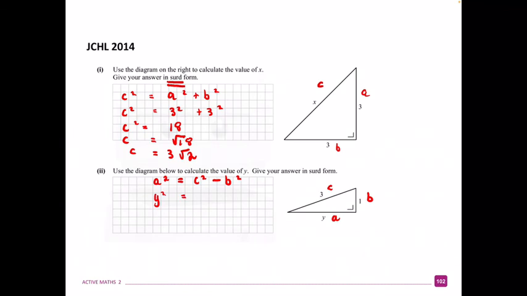Y squared equals 3 squared minus 1 squared. Let's multiply this out. Y squared equals 8. To solve for y, we need to square root both sides of our equation.